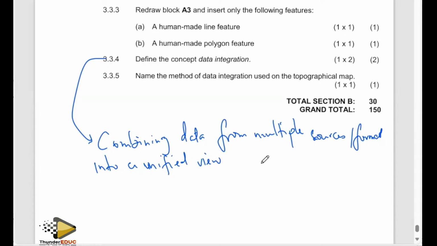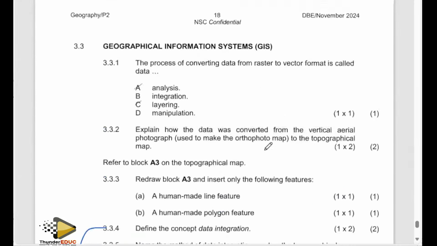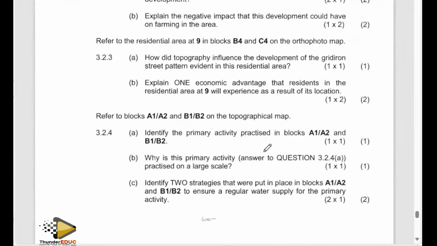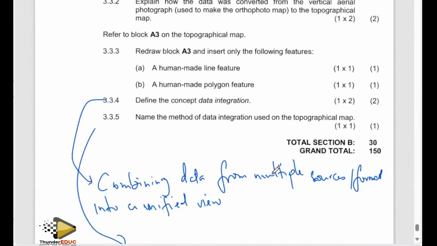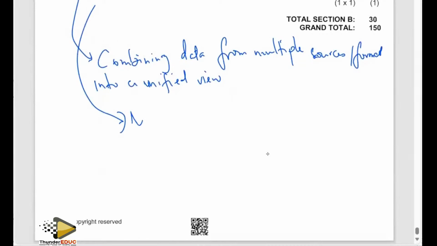Then we go on to the last question. Name the methods of data integration used on the topographical map. The method of data integration that can be used on topographic maps. When integrating data, there's vector data integration that we can use.